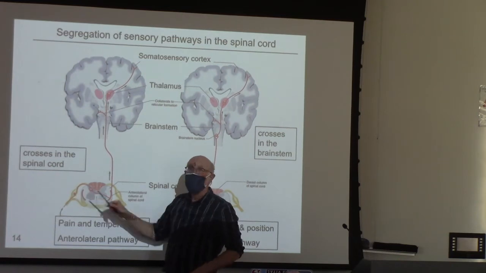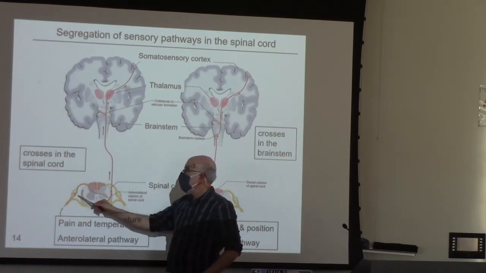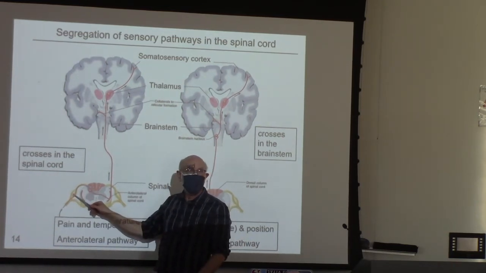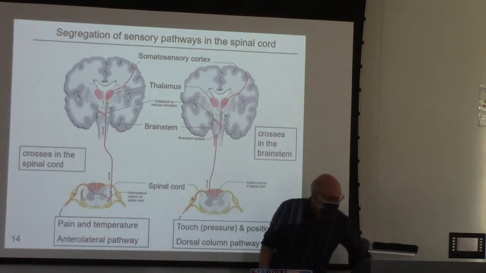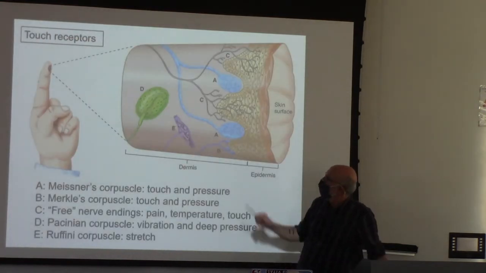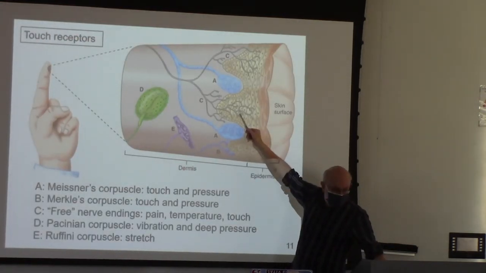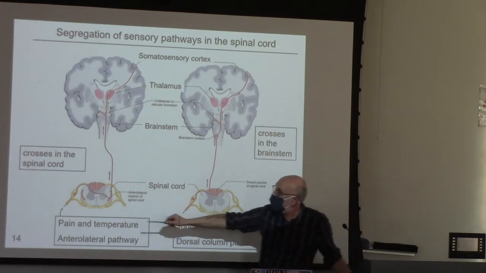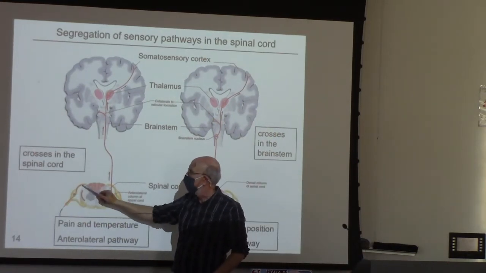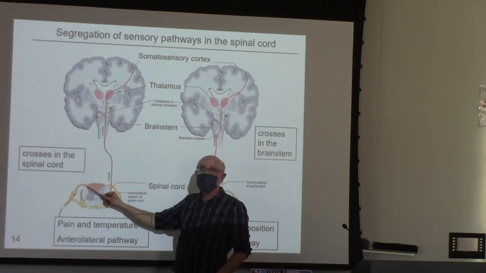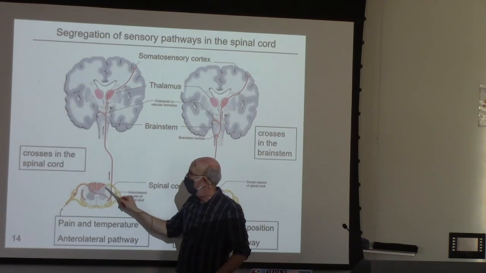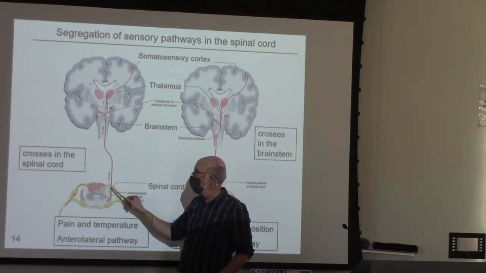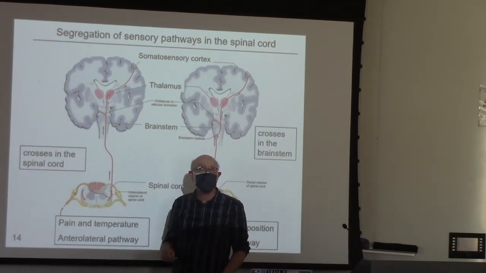Right side of the body, all of those cells have their cell bodies in the dorsal root ganglion, but action potentials from the pain receptors enter the spinal cord in the dorsal horn. This area, this gray matter of the spinal cord is called the dorsal horn.